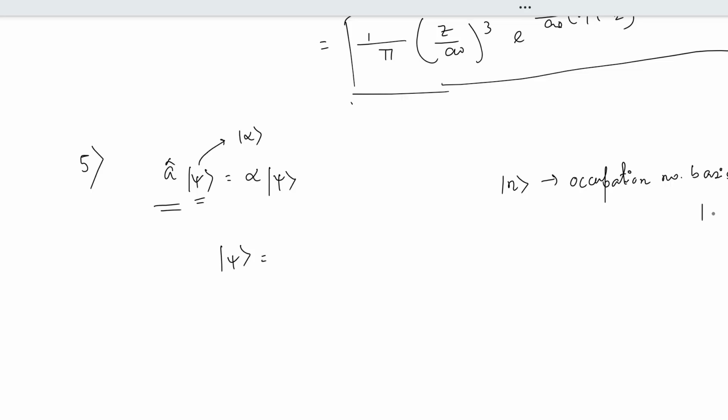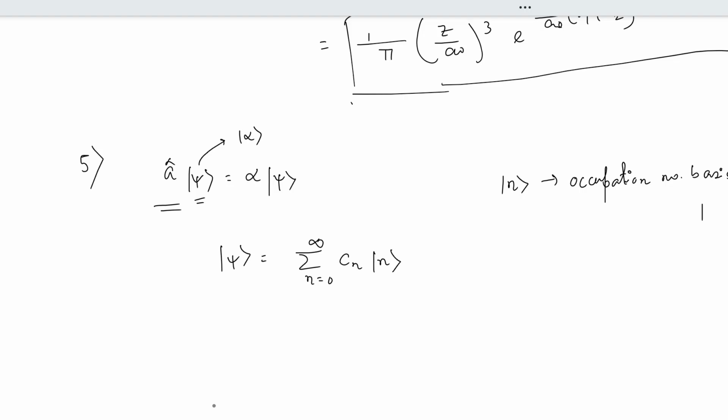Like that, if n equal to 1 then you have only 1, if n equal to 2 then you have 2 particles, like that. So in each state how many particles occupy that state is given by this occupation number state n ket, right? So this can act like a basis state, meaning you can represent any arbitrary state psi ket as a linear combination of these states in the occupation number basis.